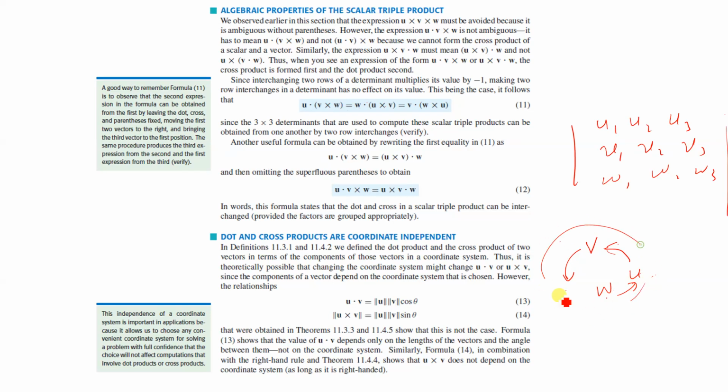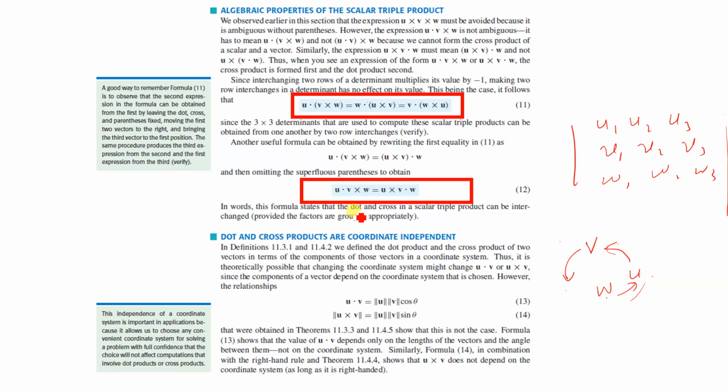So if the direction of this cycle is counterclockwise, then the value will remain the same. Otherwise, it will have a negative sign. So the conclusion of this discussion is that u dot v cross w is u cross v dot w, and u dot v cross w is equal to v dot u cross w, and so on.